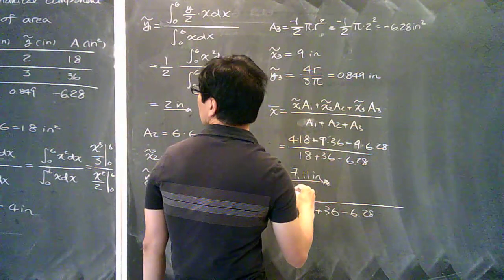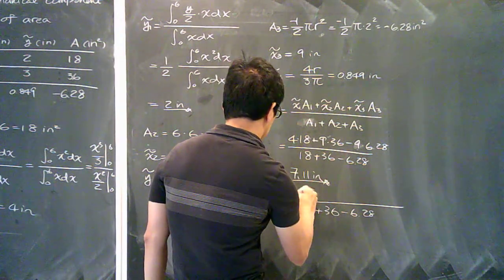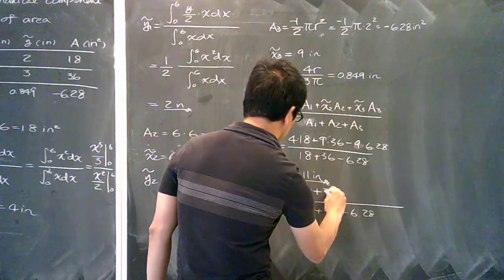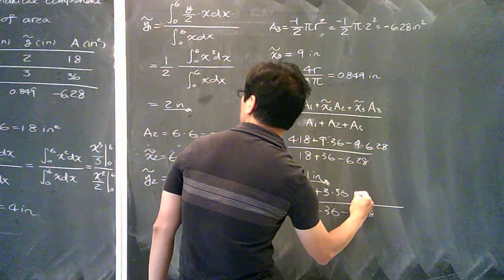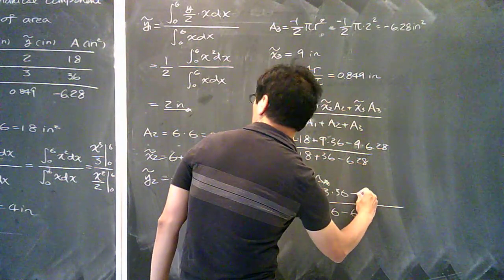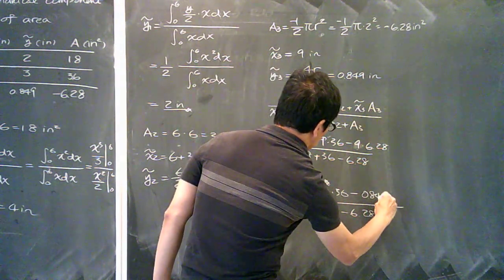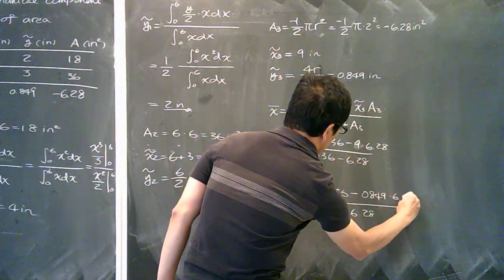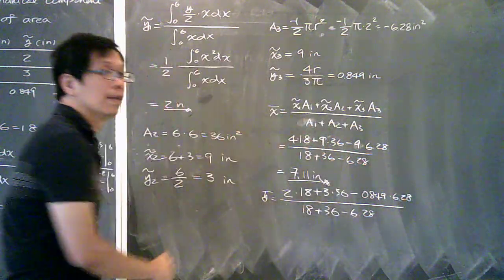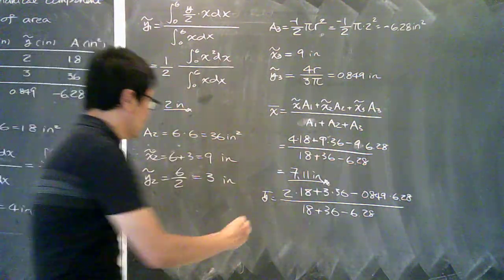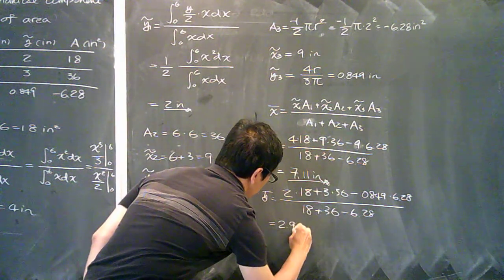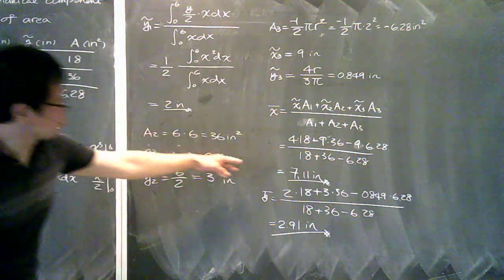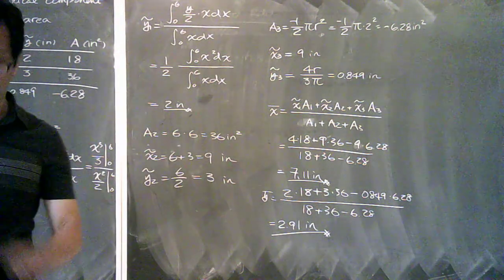And over here it's going to be 2.55 times 18 plus 3.55 times 36 minus the semicircle term, and that is going to be 2.91. So this one and this one are my answer.